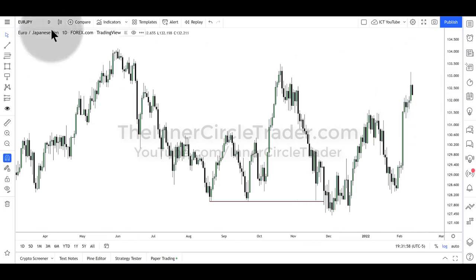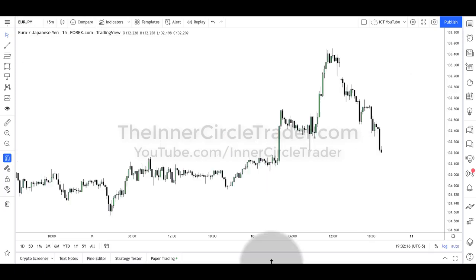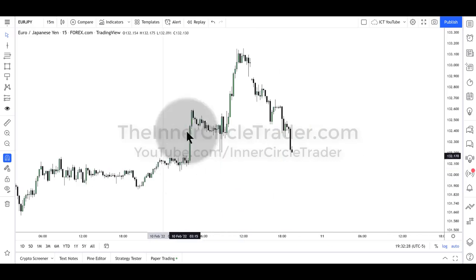So we're going to drop down into a 15-minute time frame. All right, here's the 15-minute time frame, and we're going to mark up our chart. Midnight New York time. Market rallies in here. And then we go into the New York session right here.